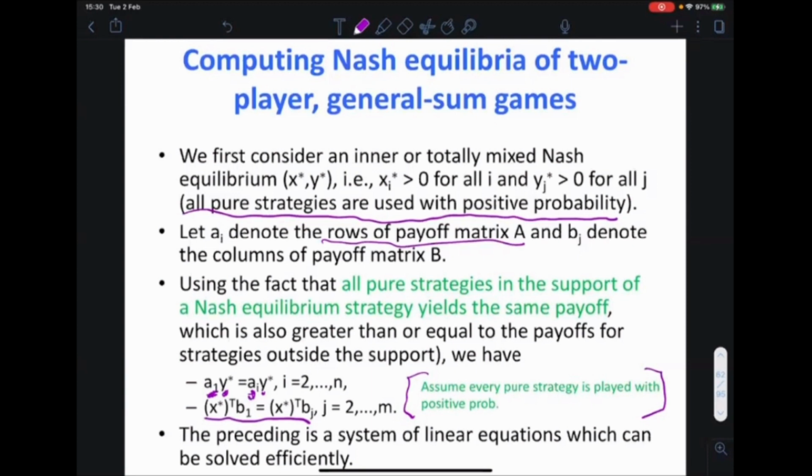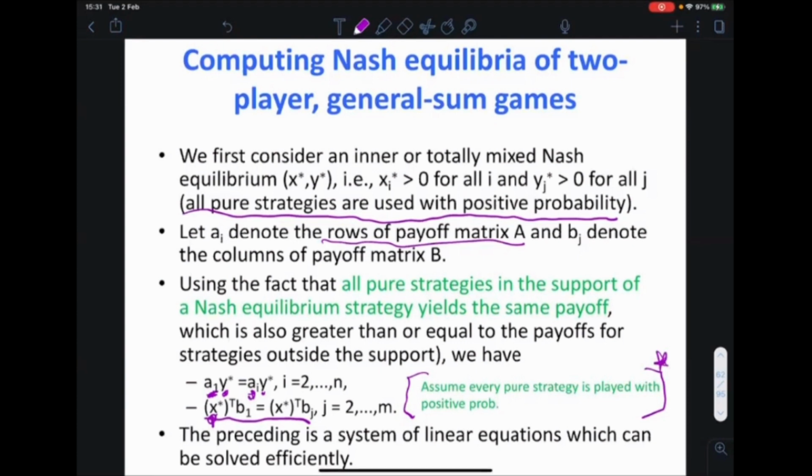Equally for player two, because player one chooses their strategy X star in such a way that there is no difference between their pure strategies. All this needs the assumption that every pure strategy is played with positive probability.